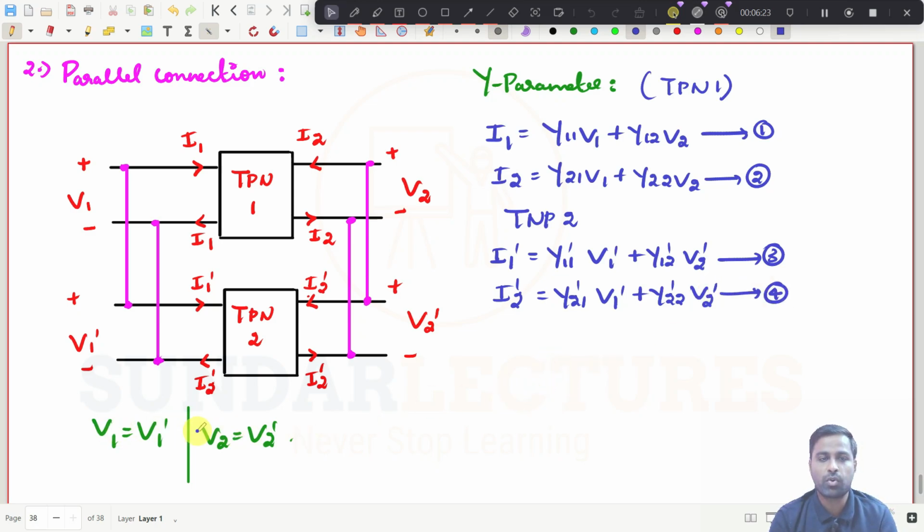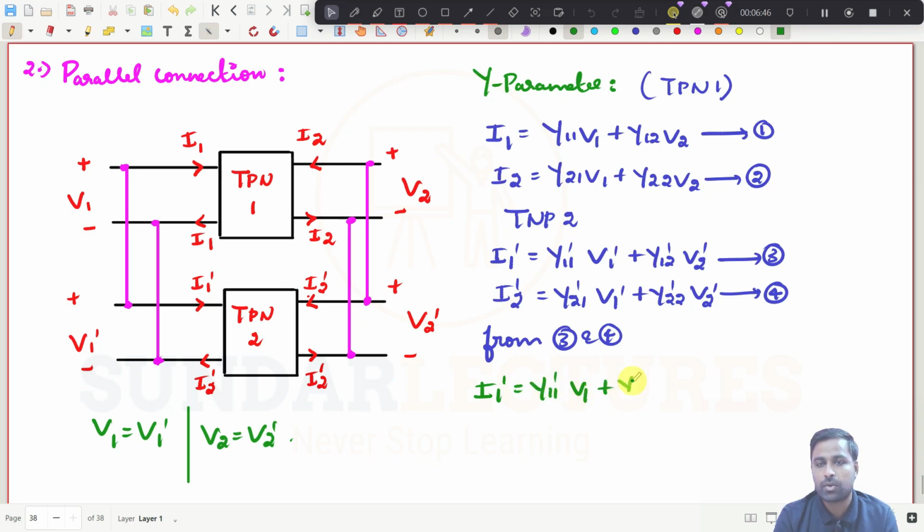Now you know this one, right? V1 is equal to V1 dash and V2 is equal to V2 dash. So you just replace in these equations. From equation number 3 and 4, you can replace to get the values. So I1 dash will be equal to Y11 dash into V1 plus Y12 dash into V2, and this is equation number 5.